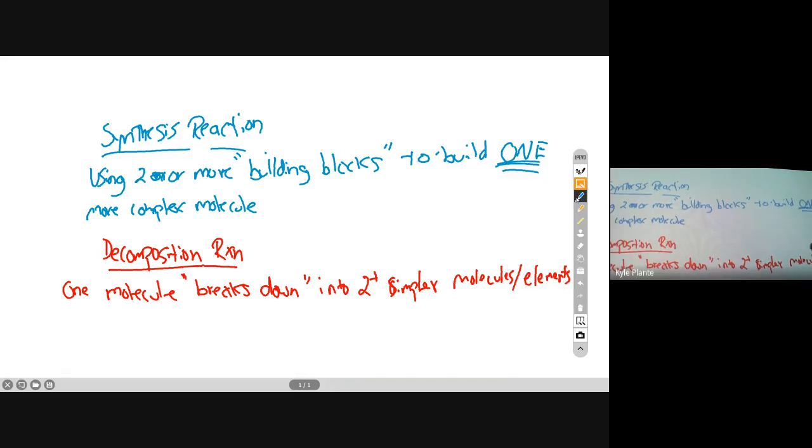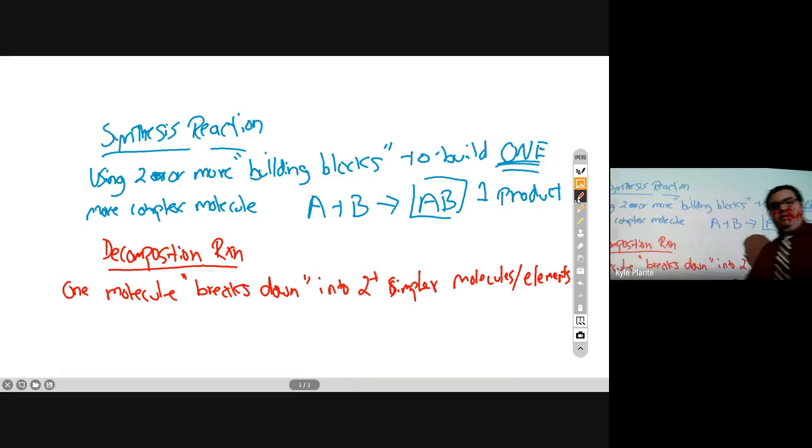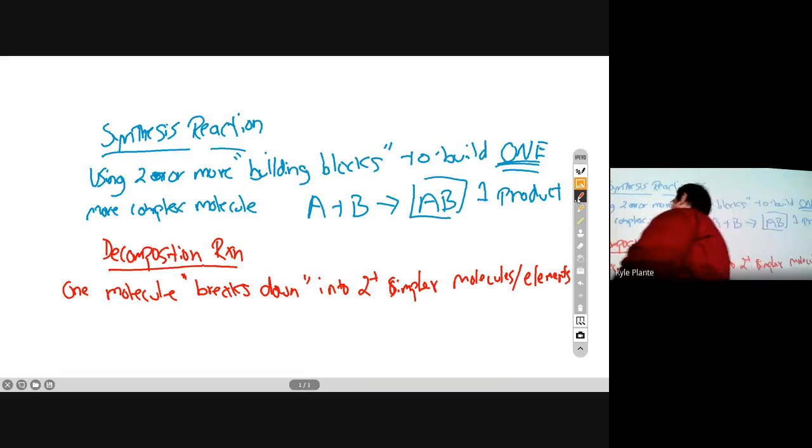In a synthesis reaction, we take our building blocks, A and B, and they build a more complex molecule that's made out of both A and B. Notice there's only one product. For a decomposition reaction, we have the exact opposite.